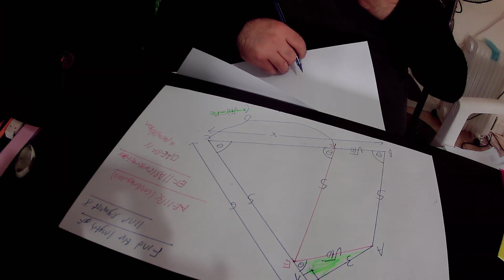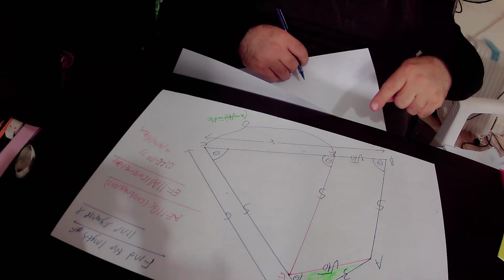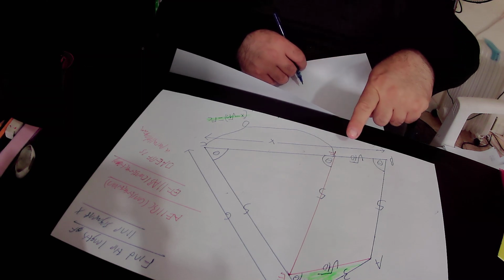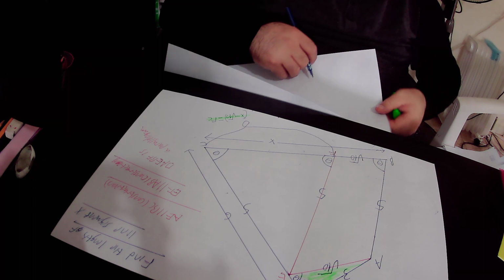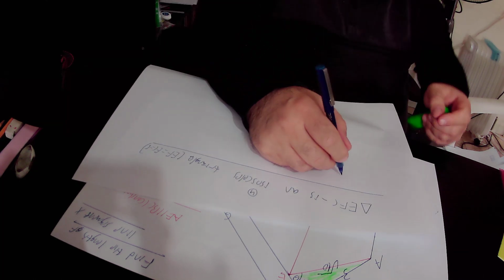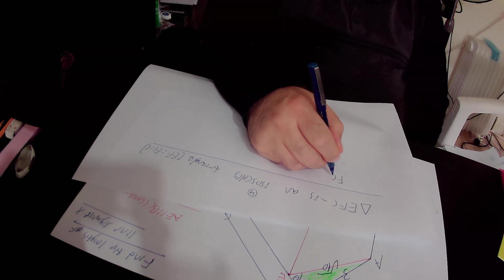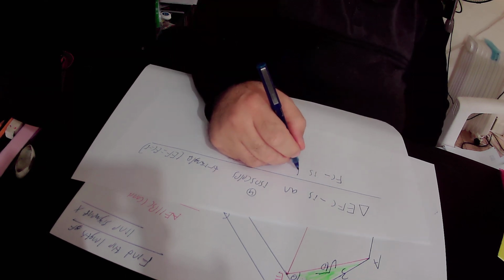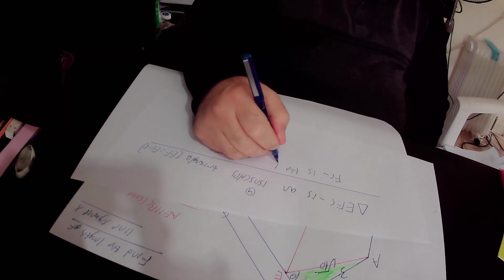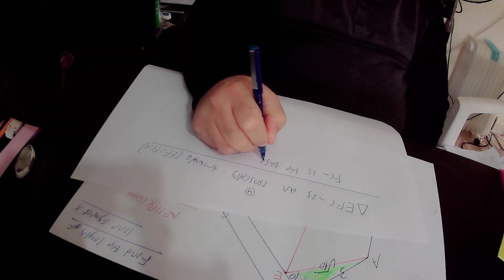And the base of the isosceles triangle EFC is side FC. I write it down that side FC is the base of the isosceles triangle EFC.